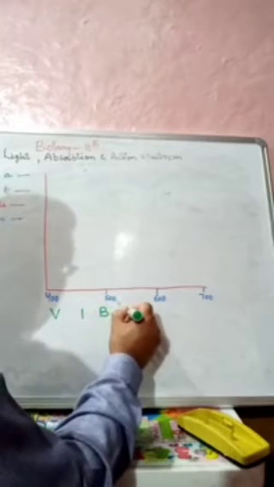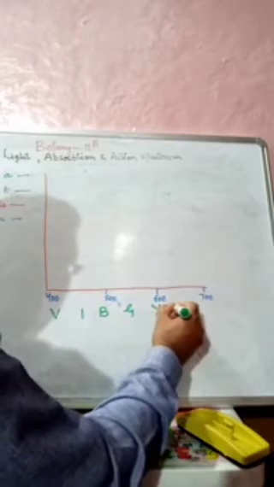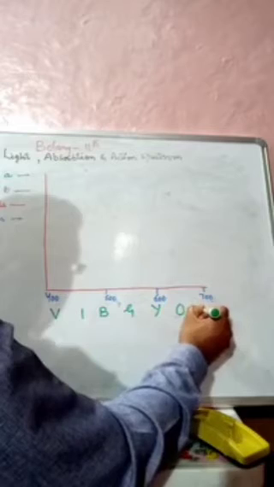Now we know that light is a mixture of different colors. For example, we have violet, indigo, blue, green, yellow, orange and red.